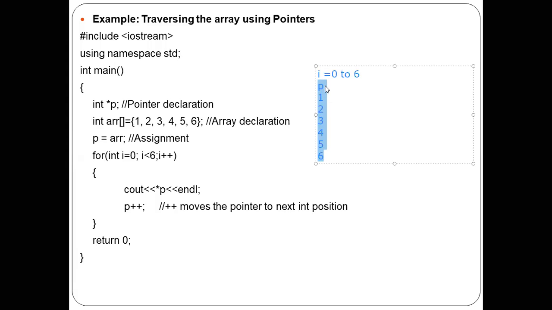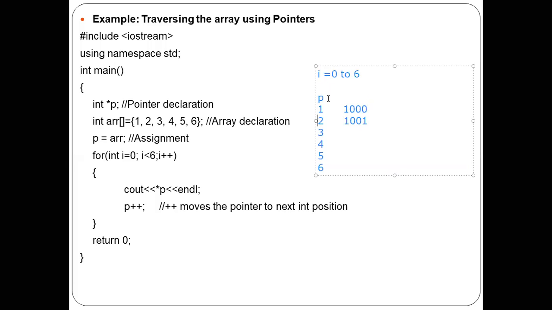So p is holding an address location. Let's say the address location here is 100, then 101. We are giving some imaginary address locations for the pointer variable.